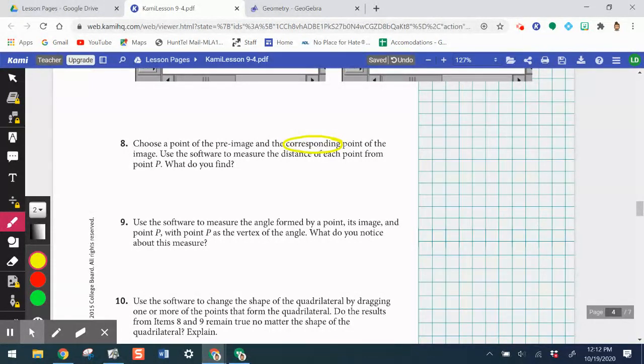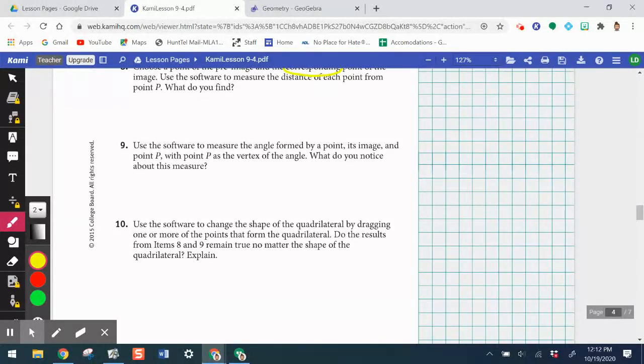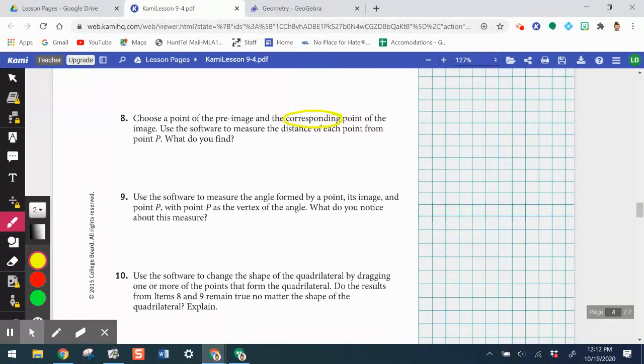So we're using corresponding points and the center of rotation to find the angle. And it says, what do you notice about this measure? Then they ask us on item 10 to use the software to change the shape of the quadrilateral by dragging one or more of the points that form the quadrilateral. Do the results from items 8 and 9 remain true no matter the shape of the quadrilateral? Explain. So we have a little work to do.